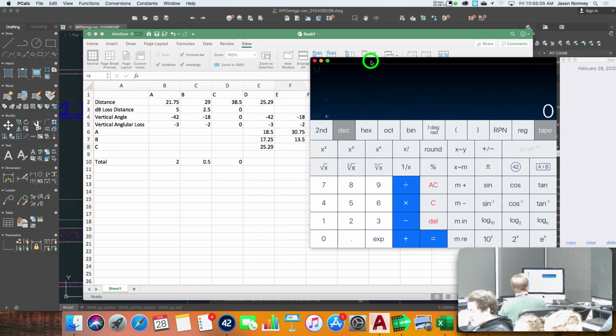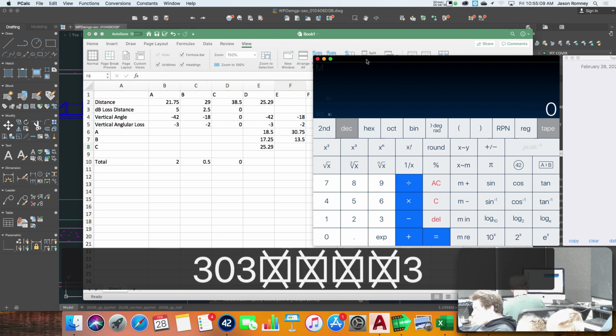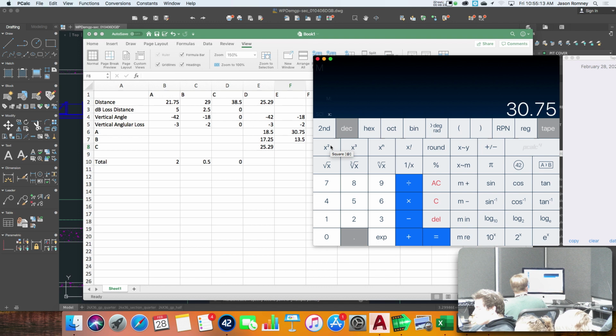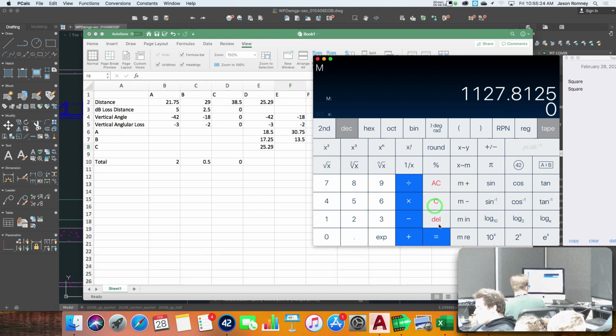The A-leg for E was 30.75, correct? Yes. Oh, sweet. 13.5 squared plus... Oh, no. Square root. I got 33.58 feet.